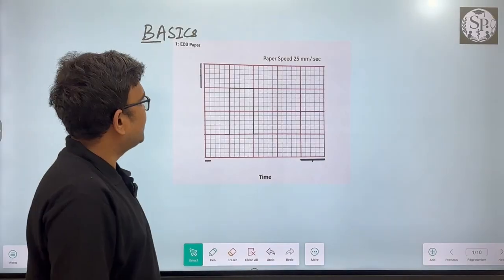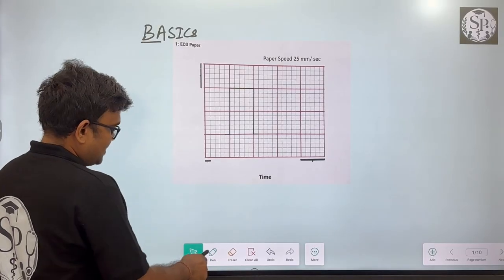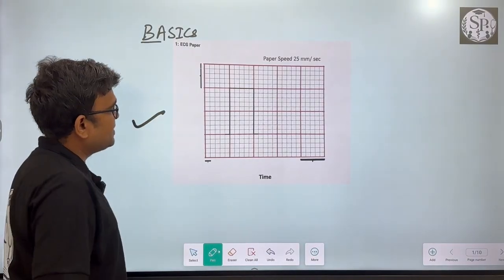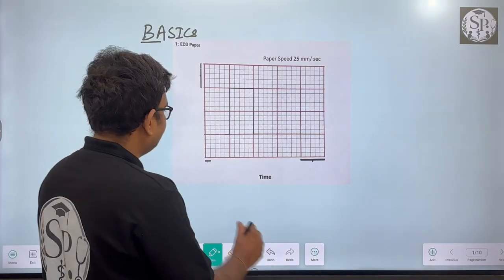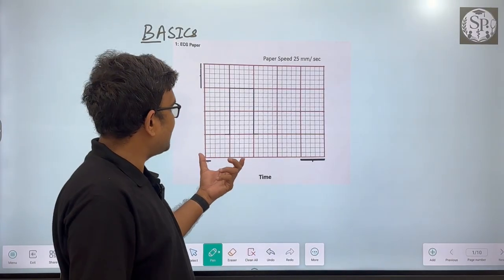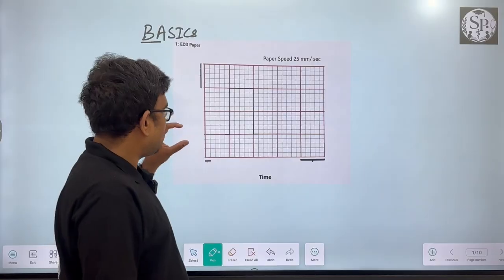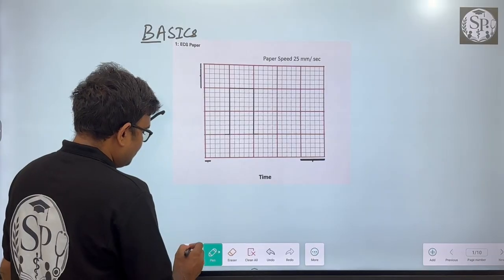Coming to the ECG paper. This is the standard ECG paper we use in our day to day routine. The ECG paper has large squares and small squares in between.